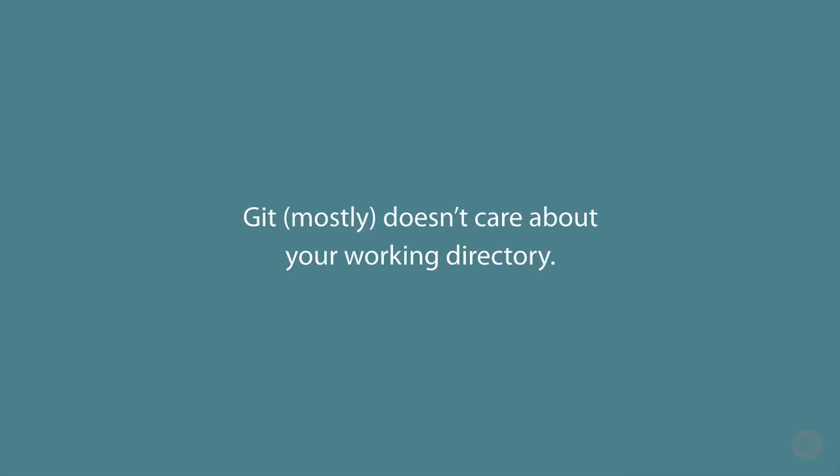The second point I want to make is that Git doesn't really care much about your working area. Remember, when you check out, Git just replaces the working area with the stuff from the object database. Git mostly cares about the objects in the database, not your working directory. The objects in the database are immutable and persistent, while the files in your working directory are as transient as they get. They can change as quickly as you can do a checkout.